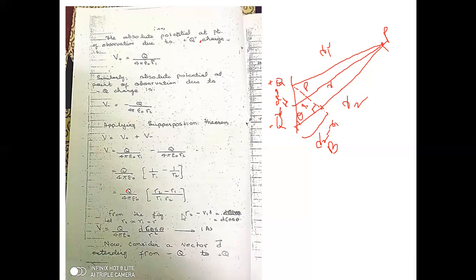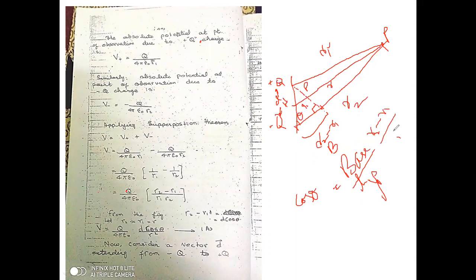From the figure, r2 minus r1 is equal to d cos theta. How? Applying cos theta on this right angle triangle, it is base over hypotenuse. The base is r2 minus r1, and the hypotenuse is d.